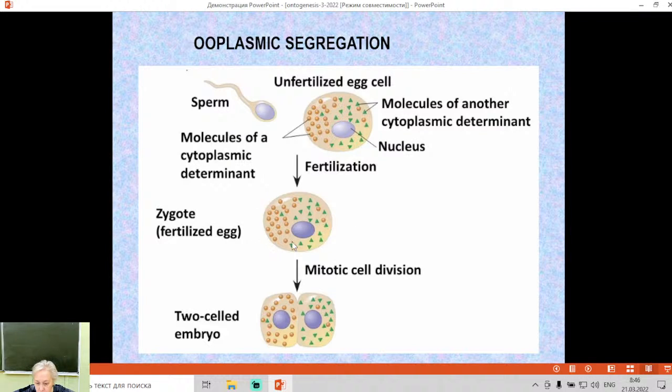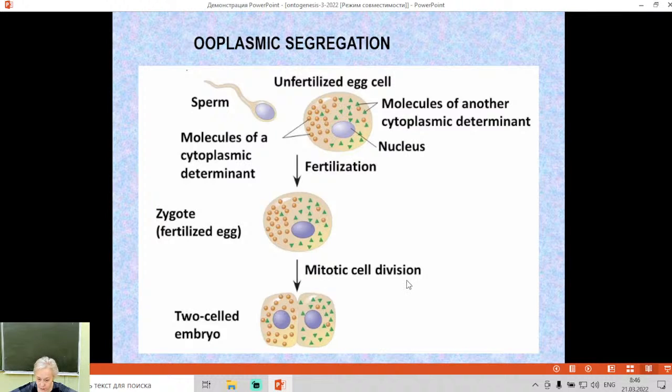After fertilization, you can see the zygote with different substances in different parts. These different parts of the cytoplasm will be located in different blastomeres.